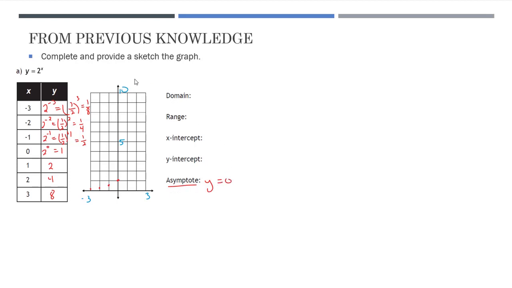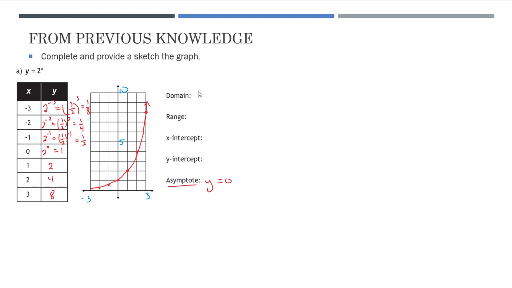Moving on to the positive x values. So we said we get 2, so 1, 2, and then 2, 4, and 3, 8. Now we should connect these. It is continuous, and it does go on forever, so we should put an arrow there.